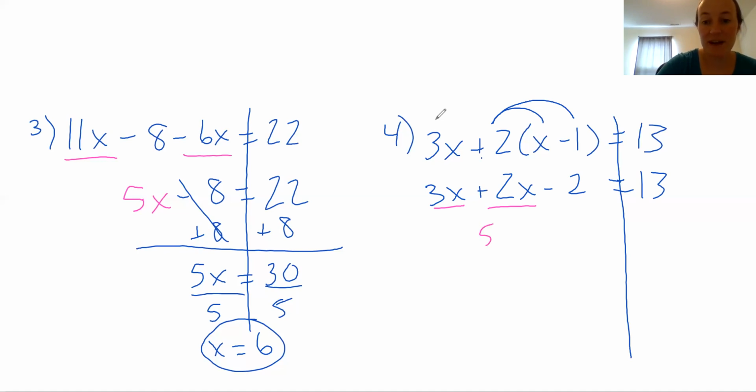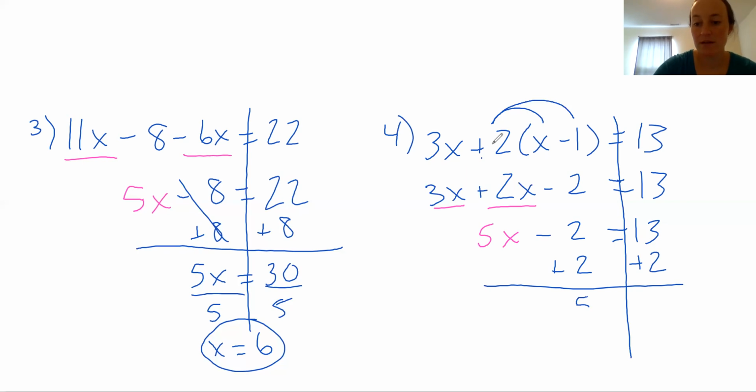So that's going to give me 5x. Still have minus 2 is equal to 13. Plus 2, plus 2. 5x is equal to 15. Divide by 5, divide by 5. X is going to be equal to 3.